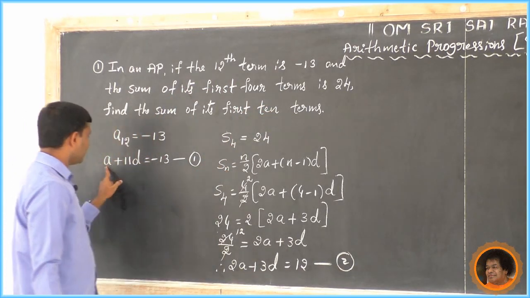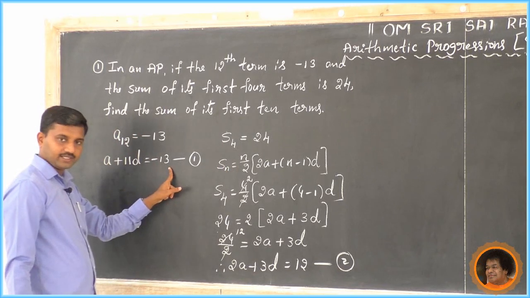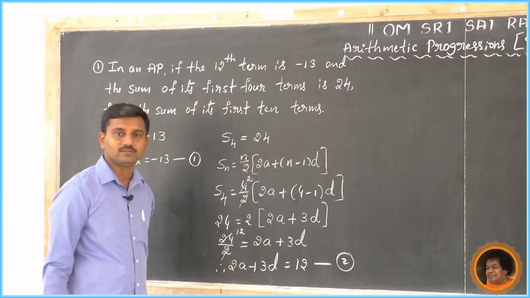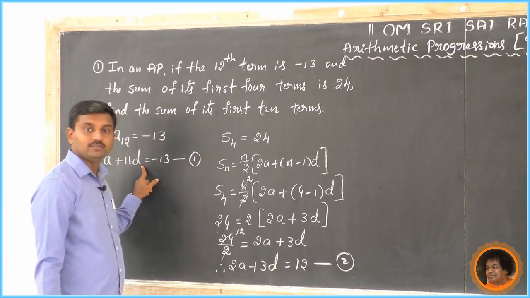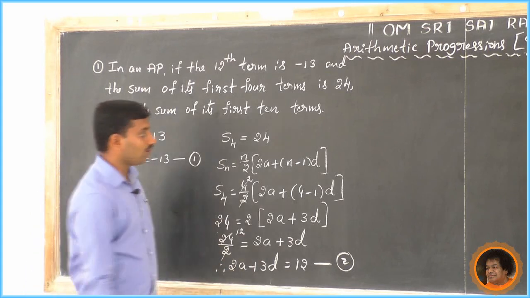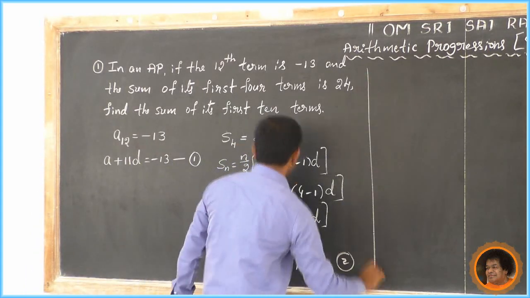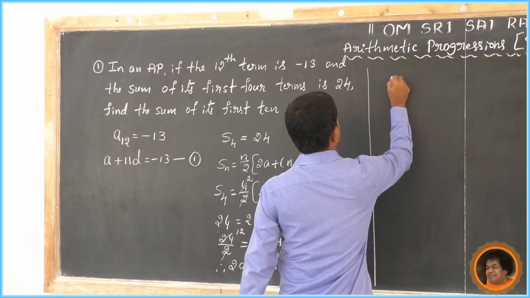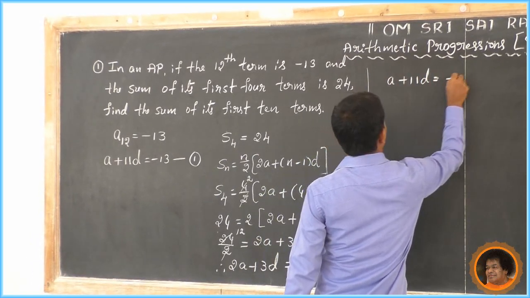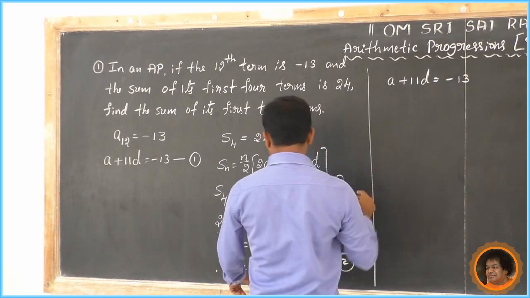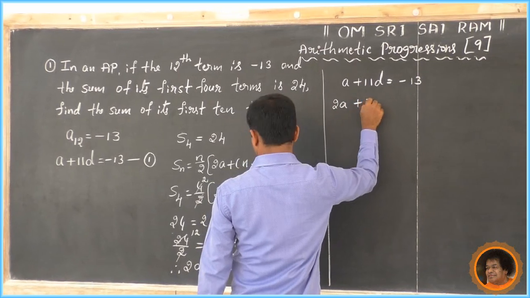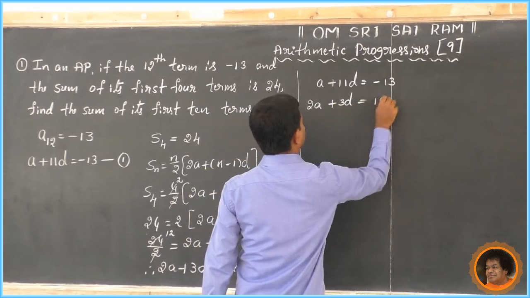So the equation 1: a plus 11d equal to minus 13. Second equation: 2a plus 3d equal to 12. So these are a pair of linear equations in 2 variables. Now solve these 2 equations. First one a plus 11d equal to minus 13 and the second one 2a plus 3d equal to 12.